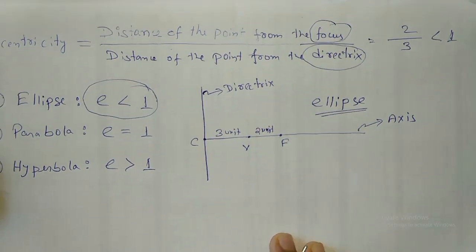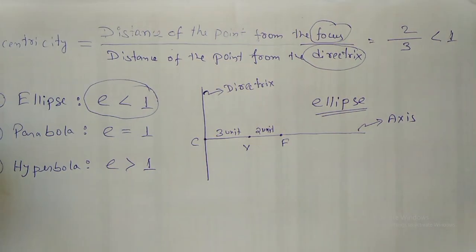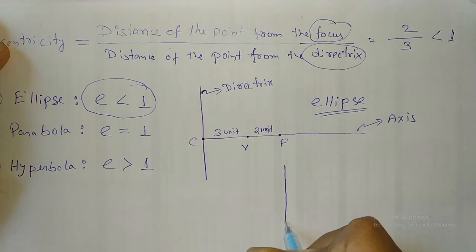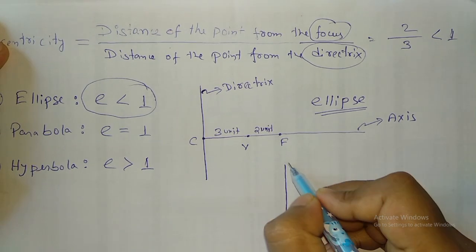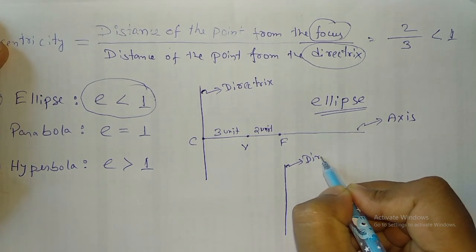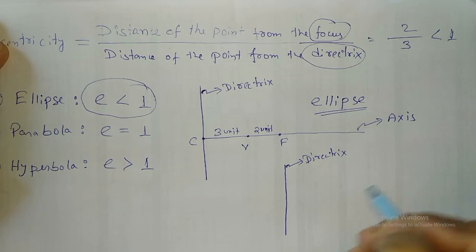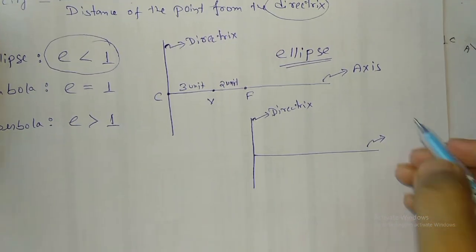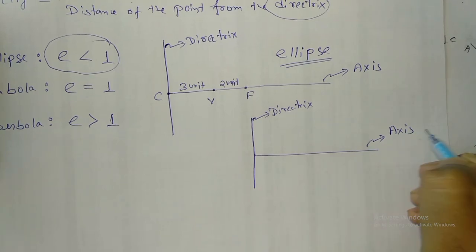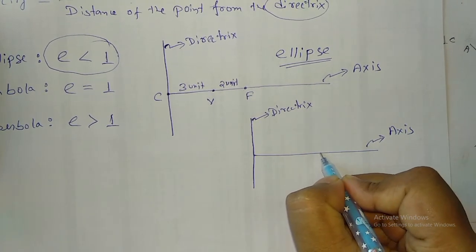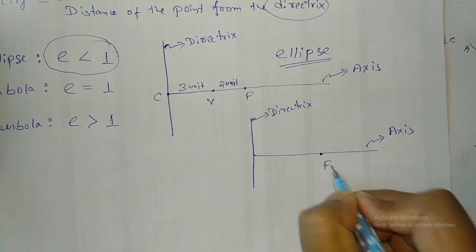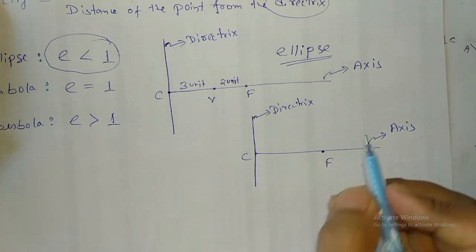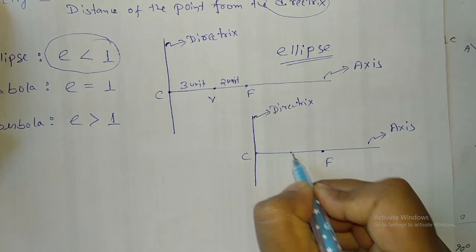For a parabola, eccentricity is 1. So in that case, this is the directrix again, and this is the axis. If this is my focus F, and this is a point C over here, then point B will be here.